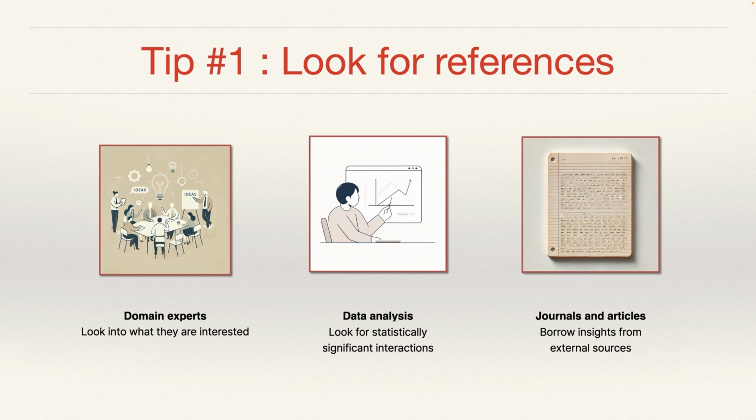Anyways, coming back to our source of reference, the very third reference would be journals and articles. So if you look into online articles, there are a lot of articles that deal with data analysis and certain domains. So in our case, which is fraud detection, you can look into some of the journals that deal with detection, but using data analysis.